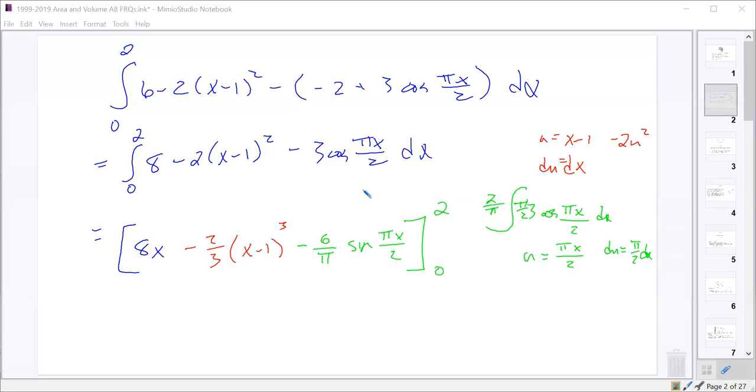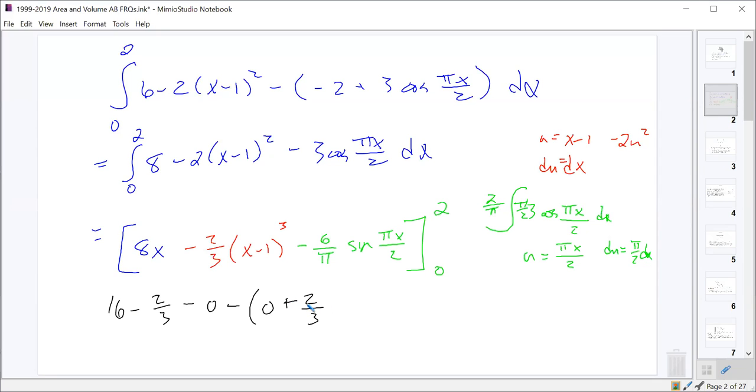All right, so now we'll evaluate at 0 and at 2. At 2, we got 16 minus 2/3 minus the sine of 2 pi over 2, or the sine of pi. What's the sine of pi? 0. And then we got minus. If I plug in 0 here, I get 0. Plug in 0 here, I get negative 2/3, so that should become a plus 2/3.